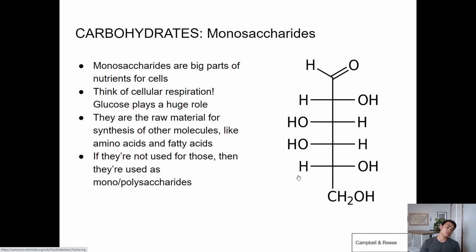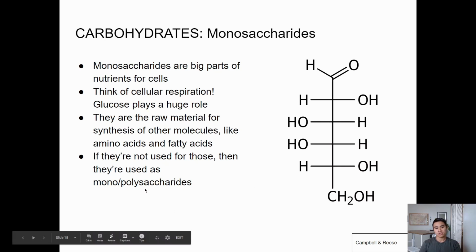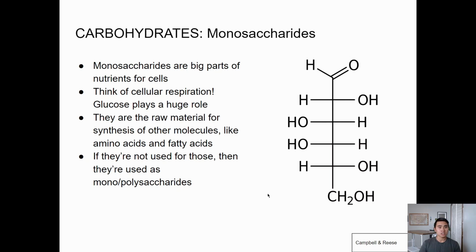So if they're not used for different things like making amino acids or making fatty acids, then they're eventually just used as mono or polysaccharides. So they have a lot of importance in our bodies, not just as carbohydrates, but carbohydrates help influence nucleic acids. They help influence lipids.